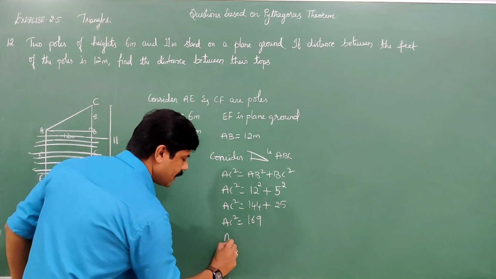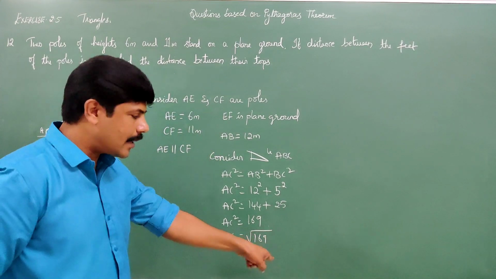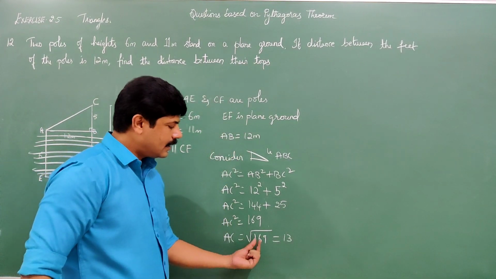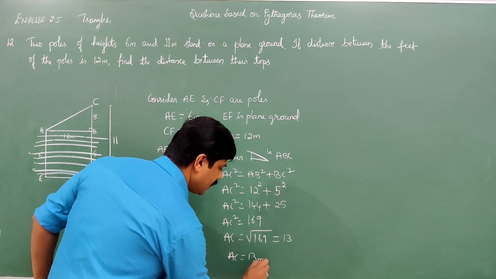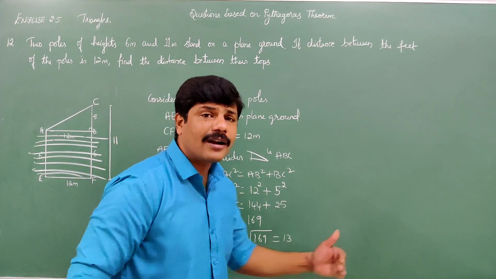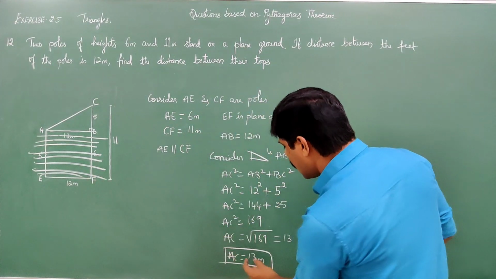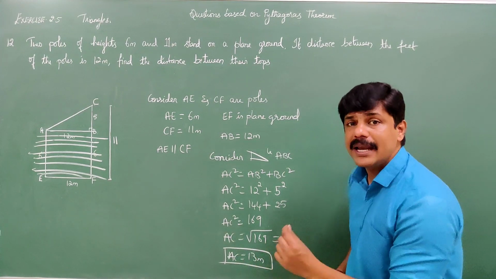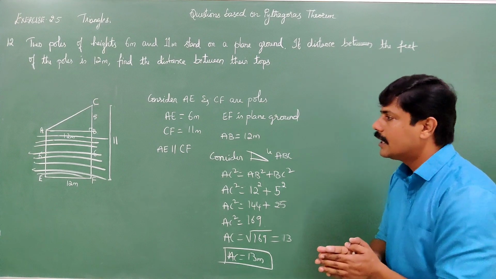Take the square root on the other side. 169 is a square number, thus the square root of 169 is 13. AC is equal to 13 meter. The tops of these two poles are 13 meters apart. Did you understand, children?